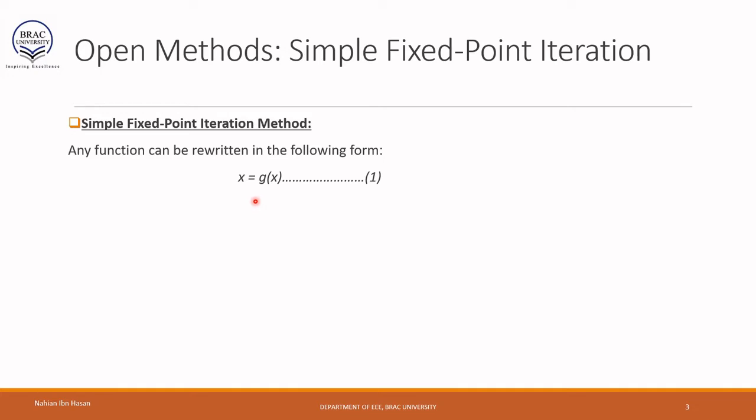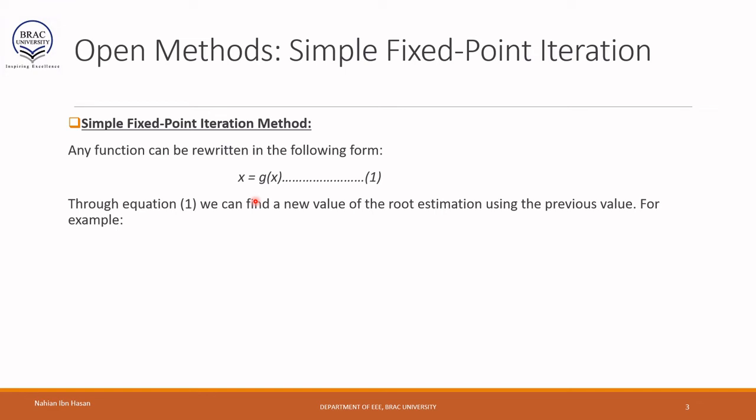So what is the benefit of that? Through equation 1 we can find the new value of the root estimate using the previous one. For example, if we write equation 1 in an iterative form, it will look like this: x i plus 1 equal to g of x i. That means from our previous iteration we get the value x i, and then we insert that x i into this equation, and from there we get our new approximation of the root.